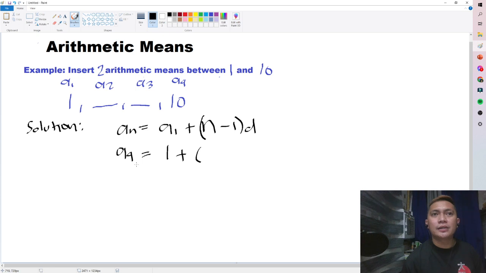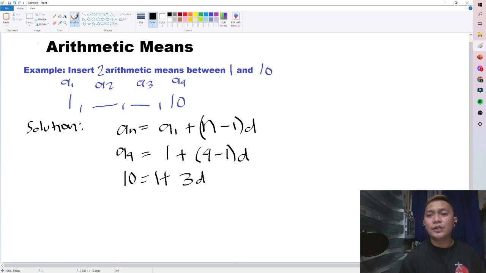Your n here is 4. Therefore, you will write 1 plus 4 minus 1. Then the common difference is missing. Then, followed by the value of your a sub 4. Ano yung a sub 4 mo? That is 10. Okay, 10. And then followed by 1 plus 4 minus 1. That is 3 times d, or simply as 3d.